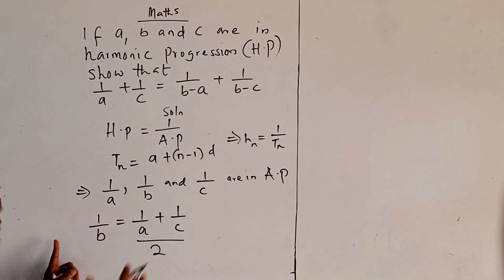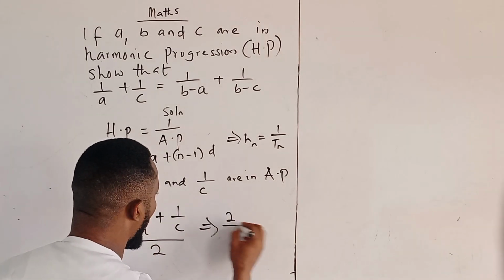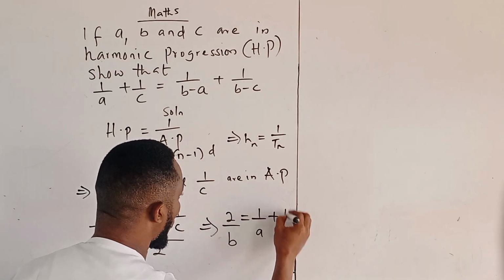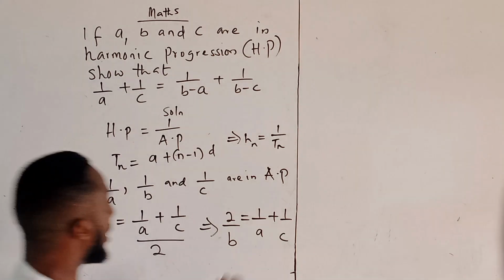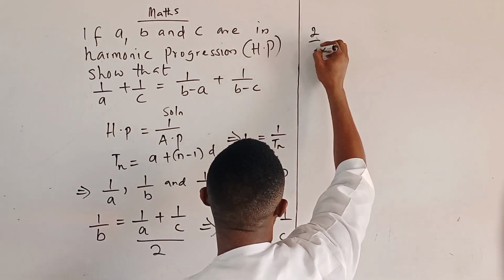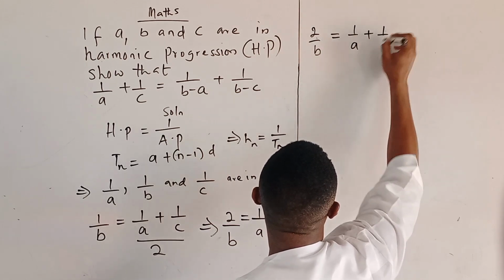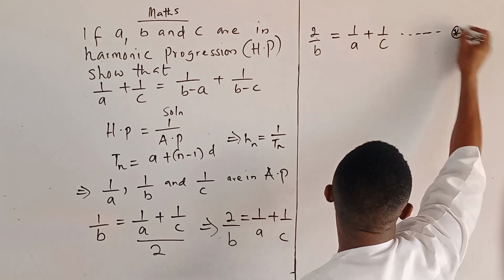If I multiply both sides by 2, I have 2/B = 1/A + 1/C. I will call this equation star.